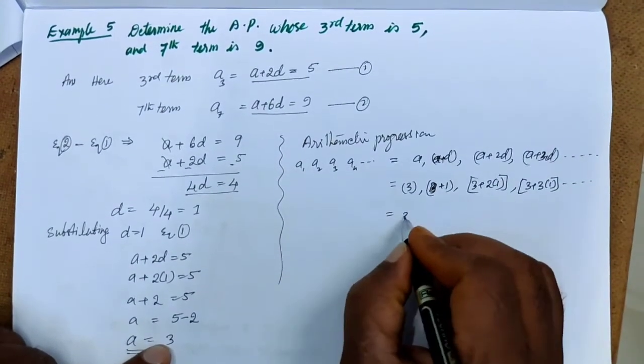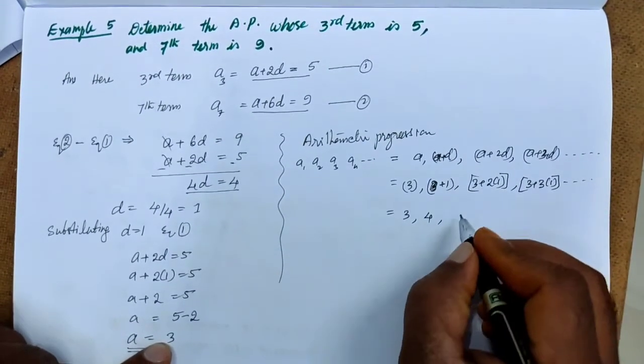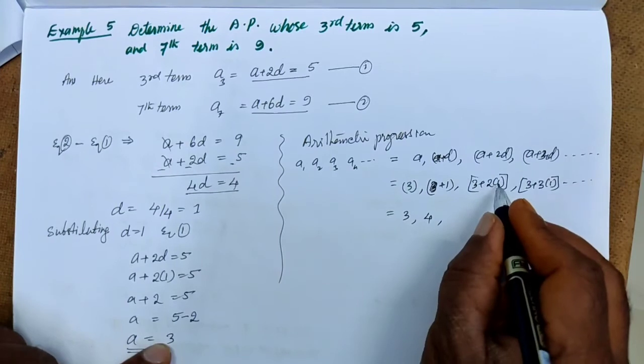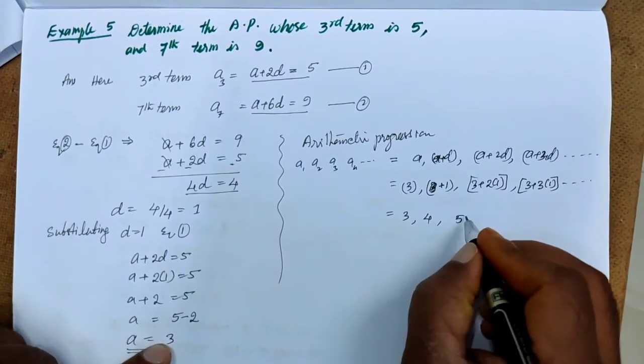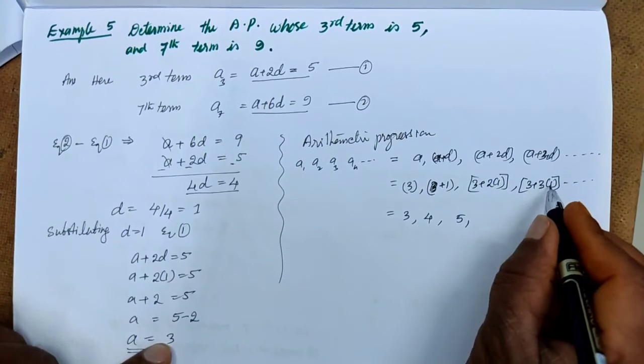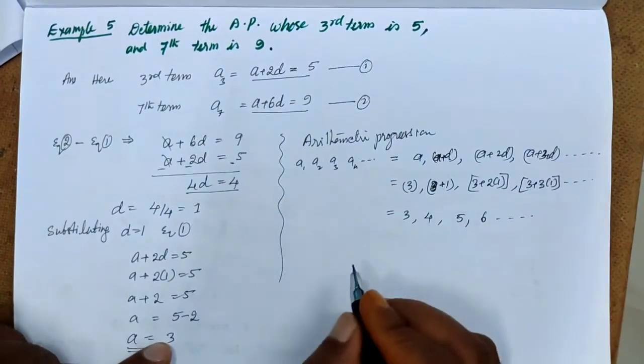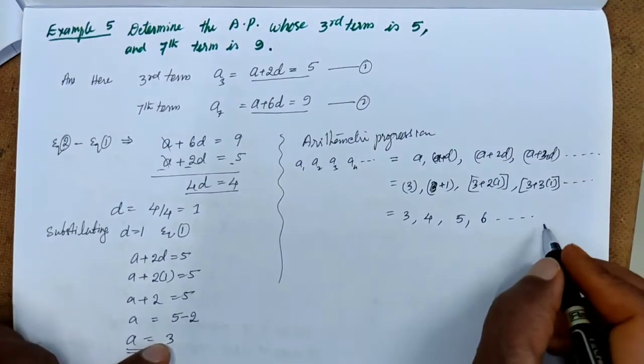Which is equal to 3, 4, 5, and 6. So this is the required arithmetic progression.